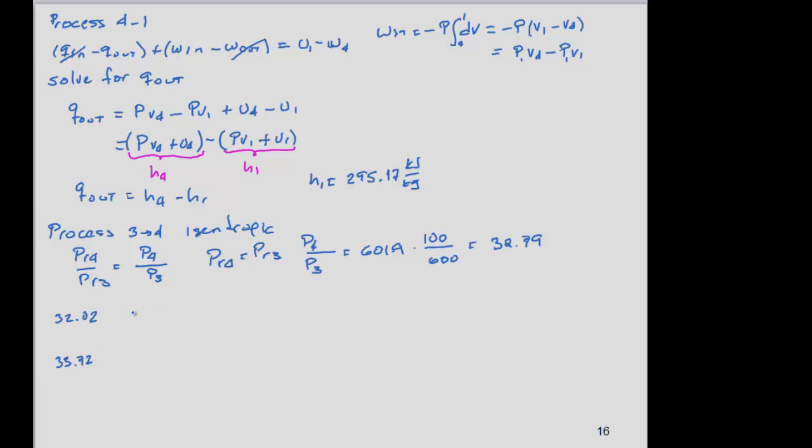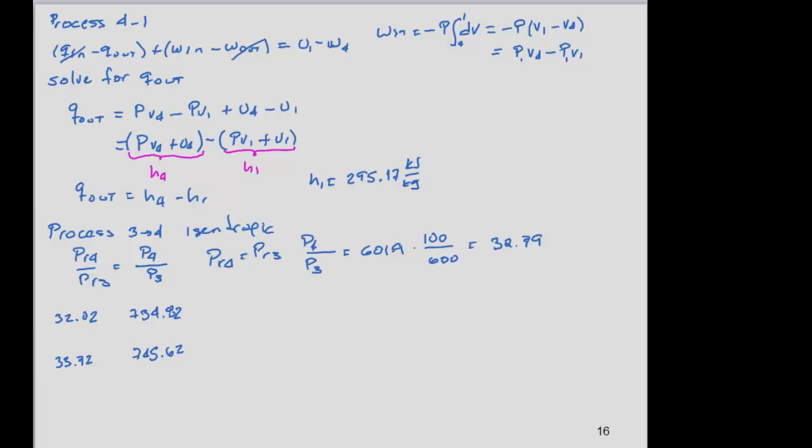At these values, H is 734.82 kilojoules per kilogram, and at this value is 745.62.